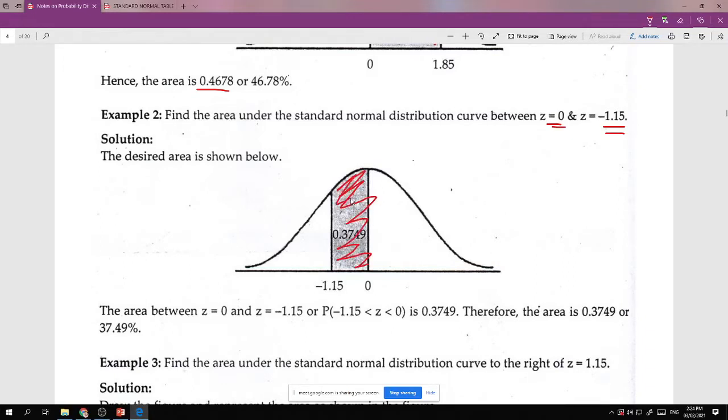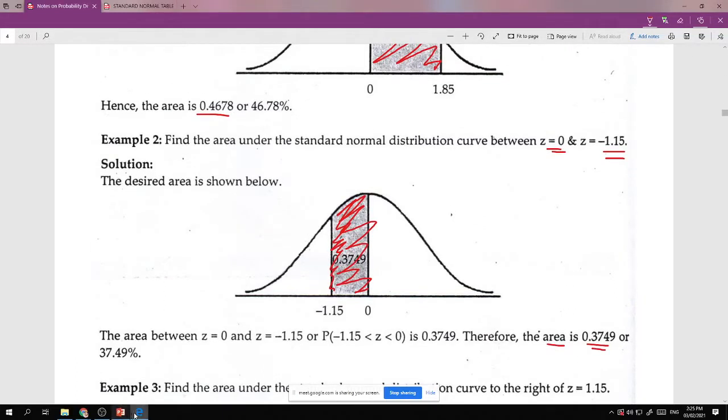And whatever is the answer in your standard table, that is the answer for the area. The area is now 0.3749 or 37.49%. Are examples 1 and 2 clear, Section Galileo?